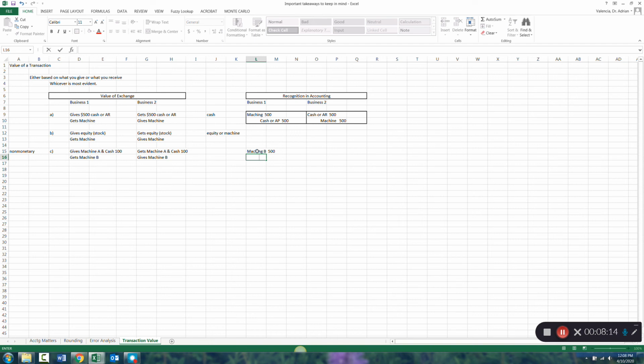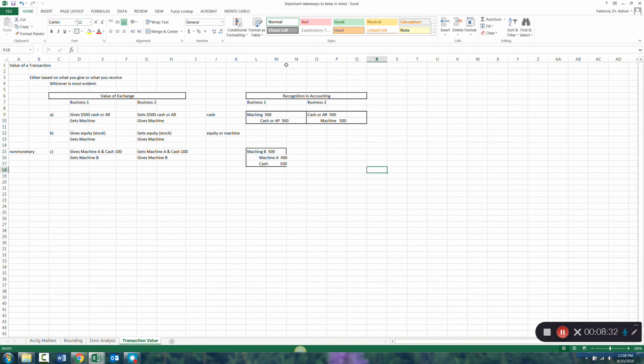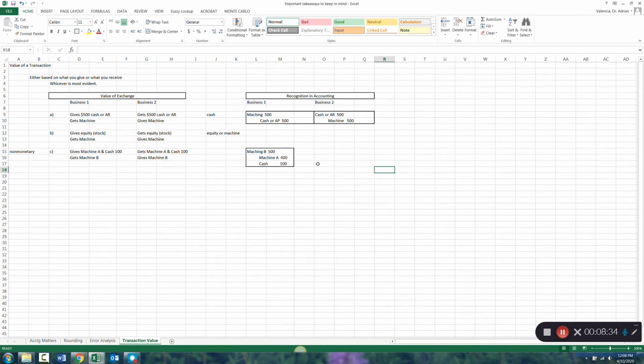And then you have machine A that you give, and you determine that was 400 because if the worth of the exchange is 500 and you're giving cash of 100, then that's what it is. Okay? That's the journal entry we are assuming. Because a lot of times we assume that what we determine the value of an exchange to be is also what we determine the recognition in the accounting. And that makes a lot of sense.